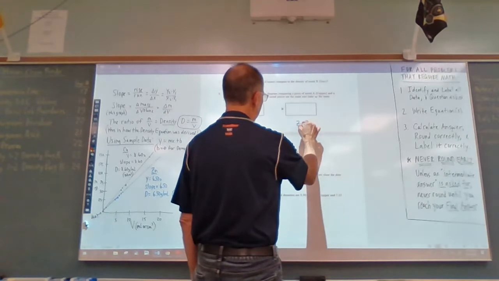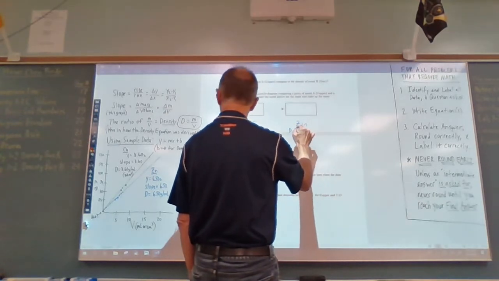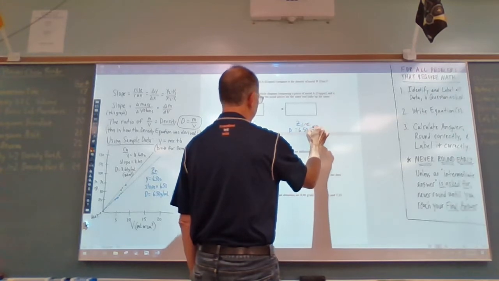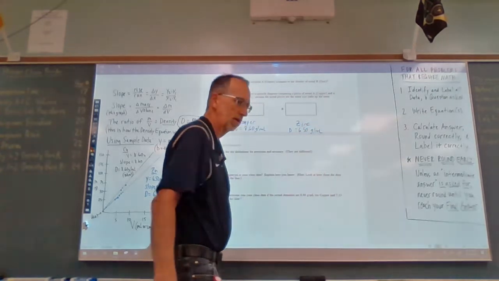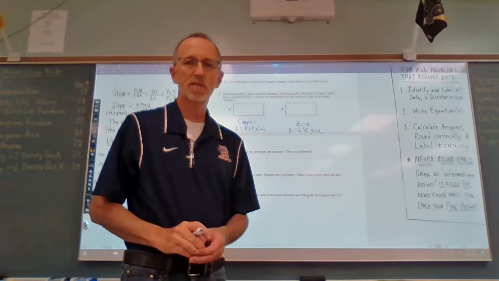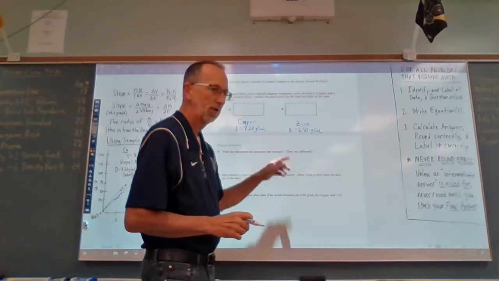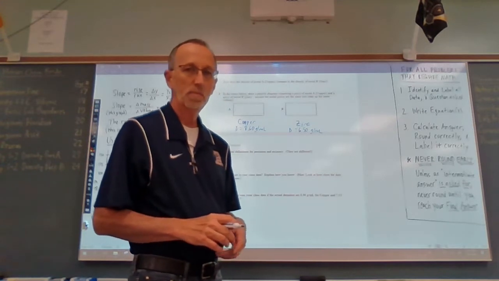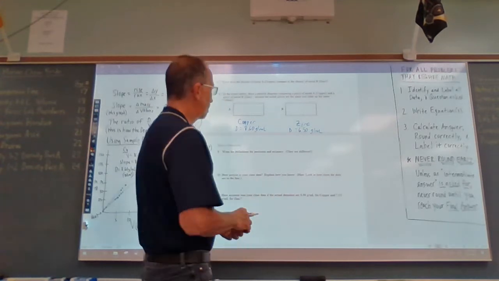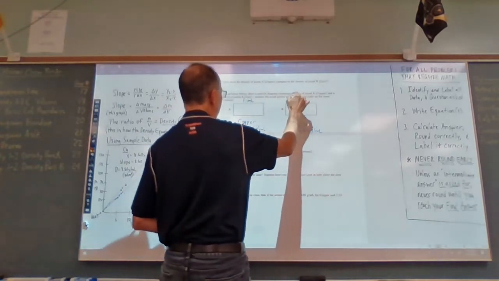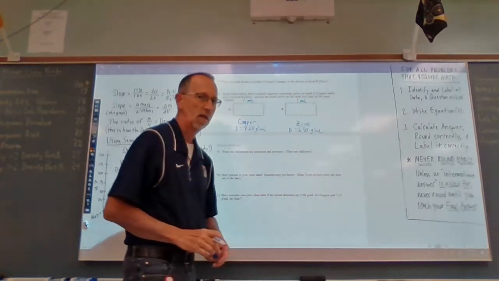And zinc has a density of 6.50 grams per mL or centimeter cube. This said that these were the same volume. This is grams per mL, meaning per 1 mL. So let's just assume, for the sake of argument, that each of these boxes represents 1 mL.